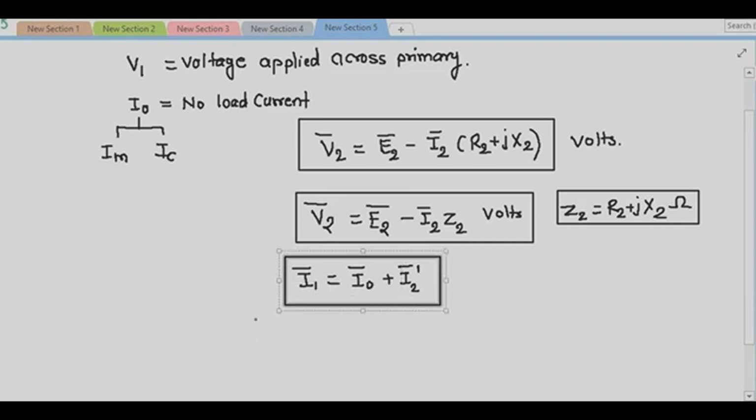This primary current I1 causes voltage drops in the resistance R1 and leakage reactance X1 of the primary winding. So the primary impressed voltage V1 is given by the phasor addition of E1, that is the part of the applied voltage which is balancing E1, and the drops I1 R1 and I1 X1.